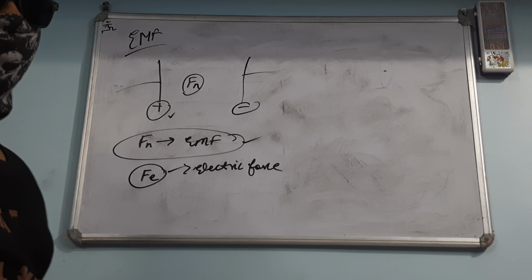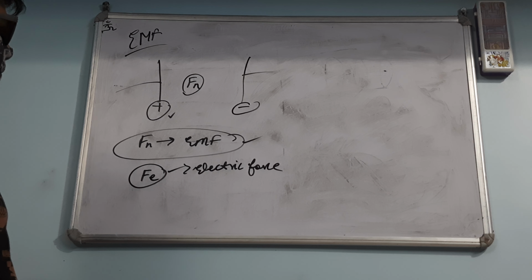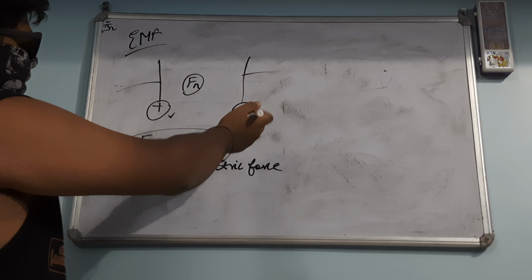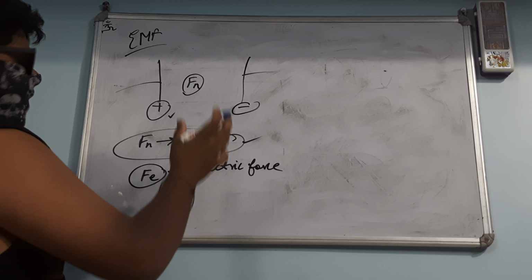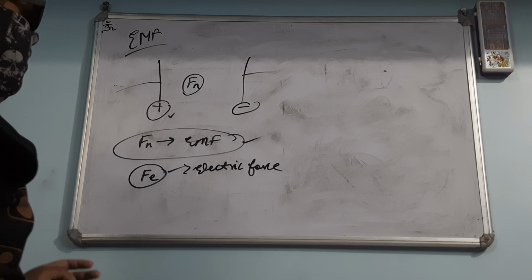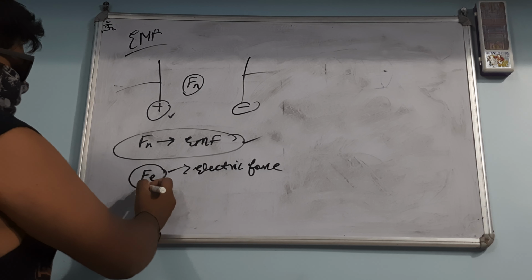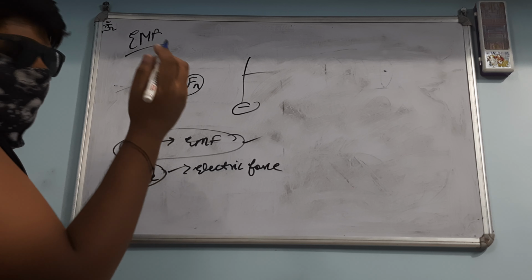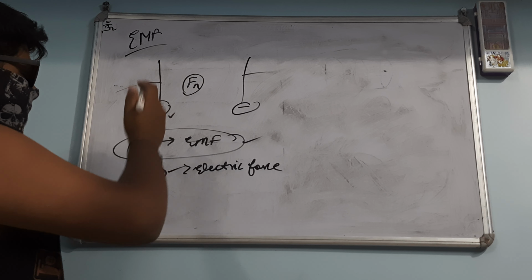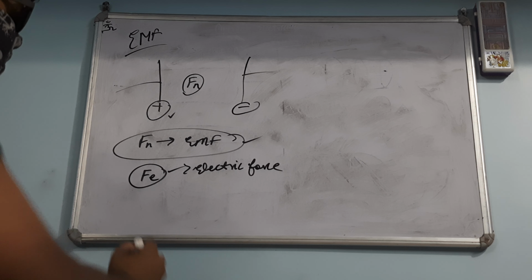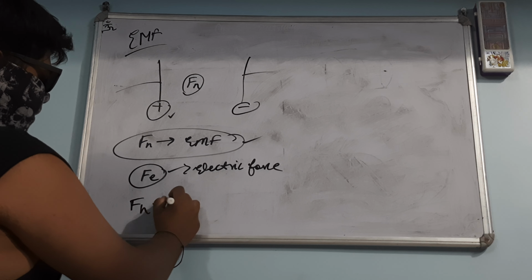So this is the electric force, and as we know, when due to EMF all the charges have moved across and the movement of charge has stopped, in this still position, under the influence of Fe and Fn, Fn is equal to Fe.